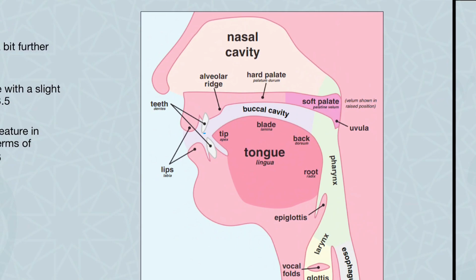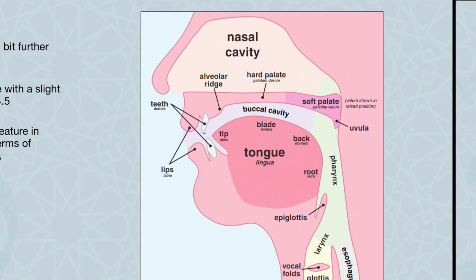You do not block the airflow. You have to produce some sort of friction. If you put the tip of your tongue on your front teeth and push a little bit of air, you start to produce the sound th. If you close the airflow, you're going to produce the letter t, because that's how you do t.